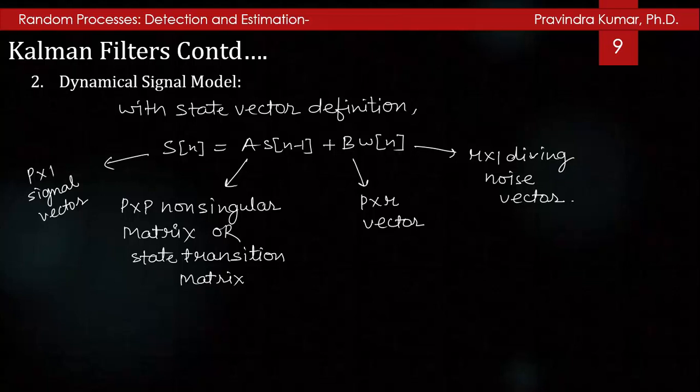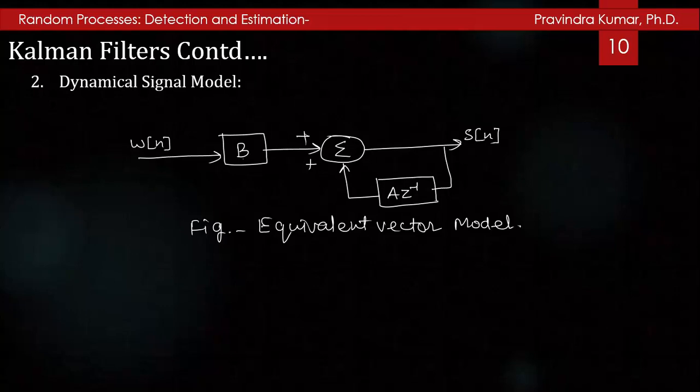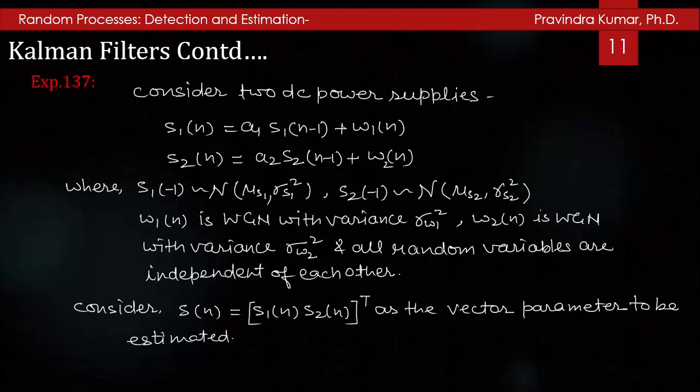This is termed a vector Gauss-Markov model, also known as the state model. And the equivalent vector model of the dynamical signal model has omega n, then B, then a summation with the output Sn fed back through z inverse, giving Sn. Let us take one example.